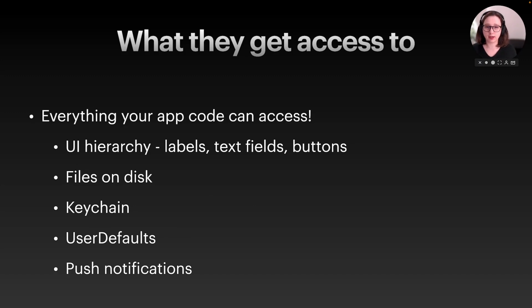So when we include a library in our code, what do they get access to? Libraries, dynamic frameworks or static frameworks, essentially execute the code in the same runtime space as our app code, so they have access to everything that our own app code has access to, such as the UI hierarchy, accessing files on disk, accessing keychain, user defaults, push notifications, or anything really.